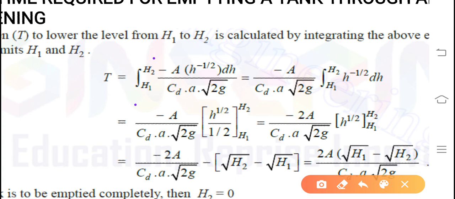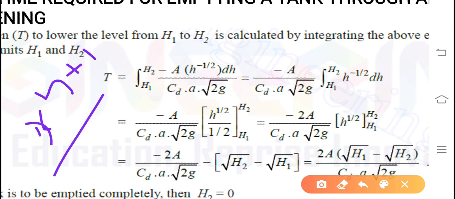In mathematics you must have learnt that the integral of x to the power of n is x to the power of n plus 1 divided by n plus 1. That's why here we get h to the power of half divided by half, h1 to h2.